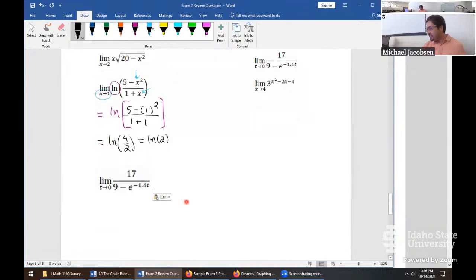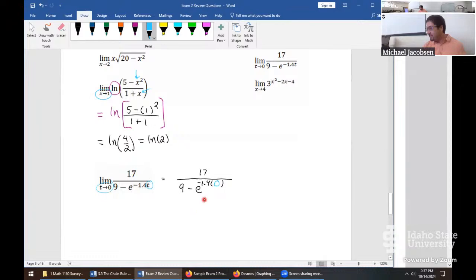So on here, we have t going to 0. T going to 0 is only going to affect that part of the function. So we get altogether that this is 17 divided by 9 minus e to the power of negative 1.4 times 0. So 0 came from right here where t was heading towards.